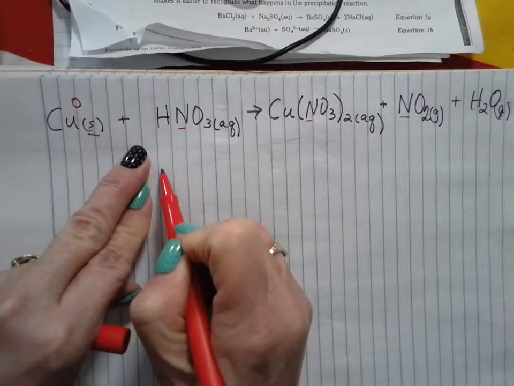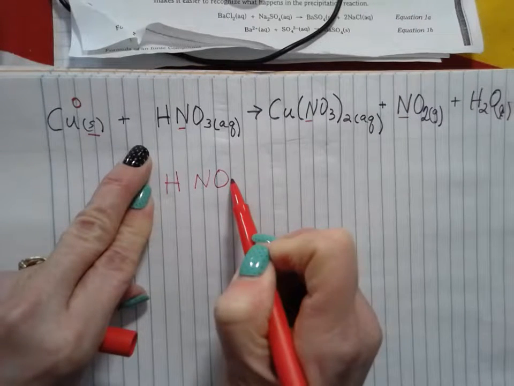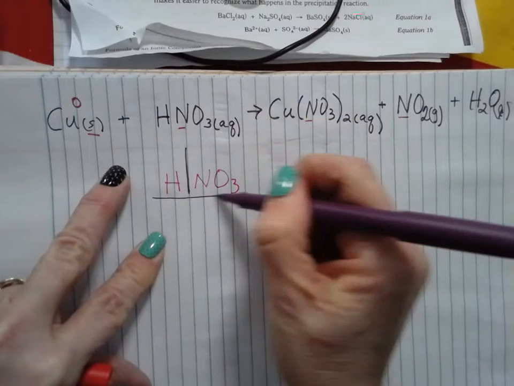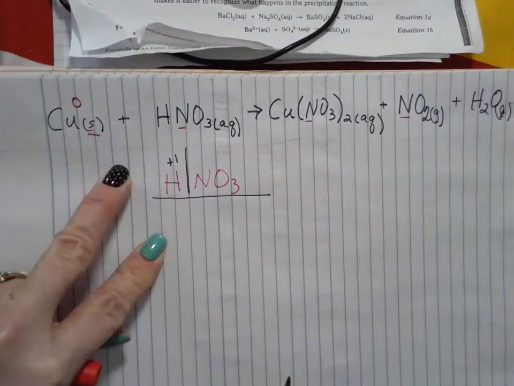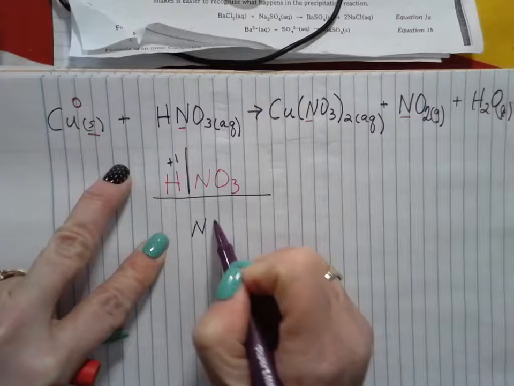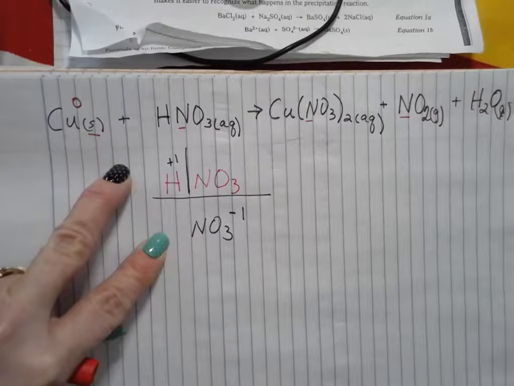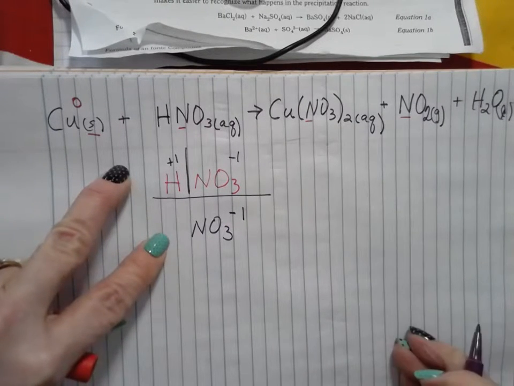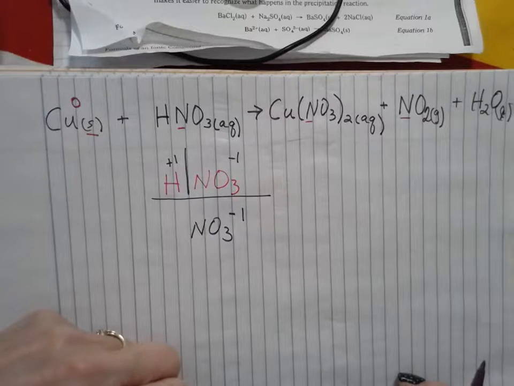The hydrogen, this is your nitric acid. And if you'll remember, hydrogen has a +1 charge. The nitrate anion, NO3, has a -1 charge. That does not tell me what the charge of my nitrogen is. So I'm going to have to figure that out.